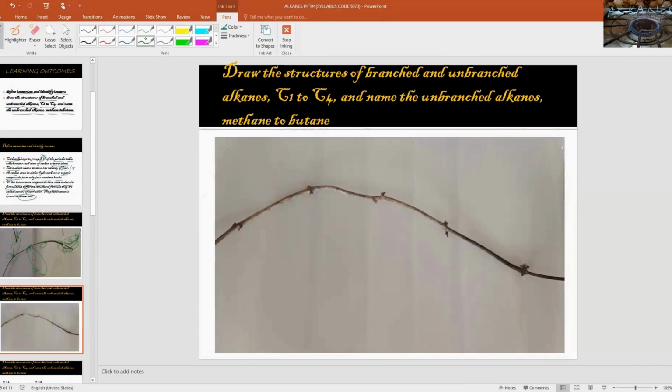The other picture represents the branch of a Sepidilla tree without any further branching. This will be considered as a straight chain of carbon. Let me draw it.